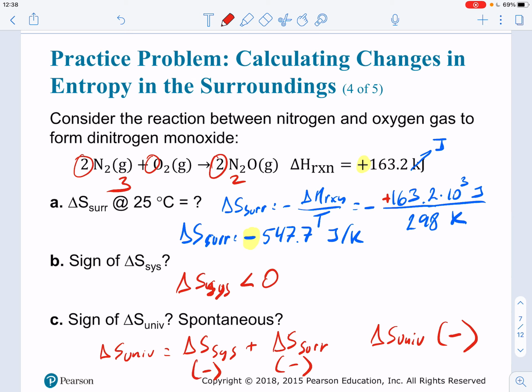What is the requirement for a spontaneous process? A spontaneous process is one where the change in entropy of the universe is positive. Is that the case here? No, the change in entropy of the universe is negative. Therefore, the process is non-spontaneous.